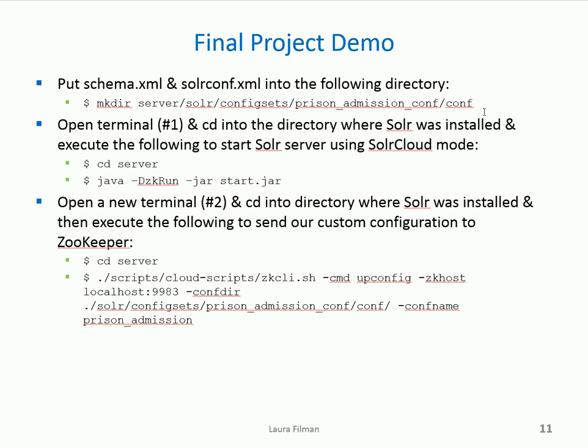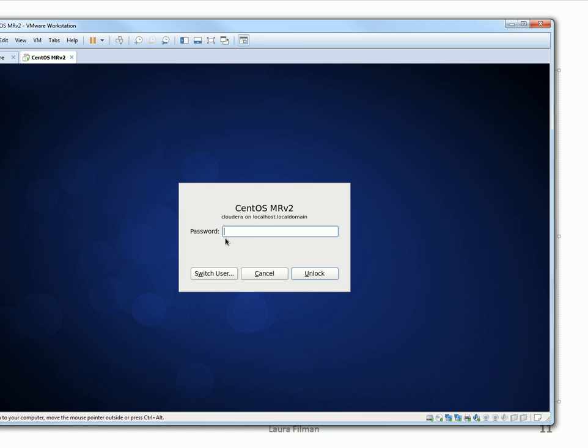Okay, so what do we need to do? We need to make a directory of our config set that we want the conf to go in. To have a conf, you need these two files, and then we're going to put the schema.xml and SolrConf in there. I've already done that, so I'll just cd into it to show you.